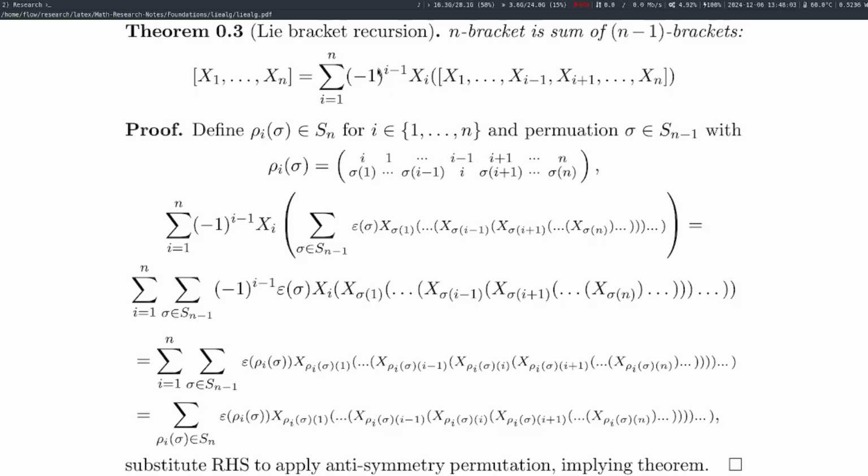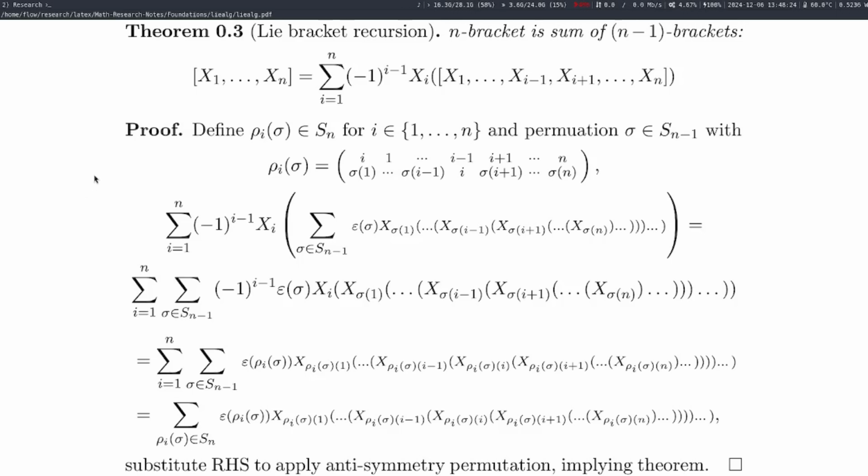So you just take a sum of 1 through n of some lower order brackets, and the proof is in the pudding. So that's basically my multilinear Lie bracket recursion formula.